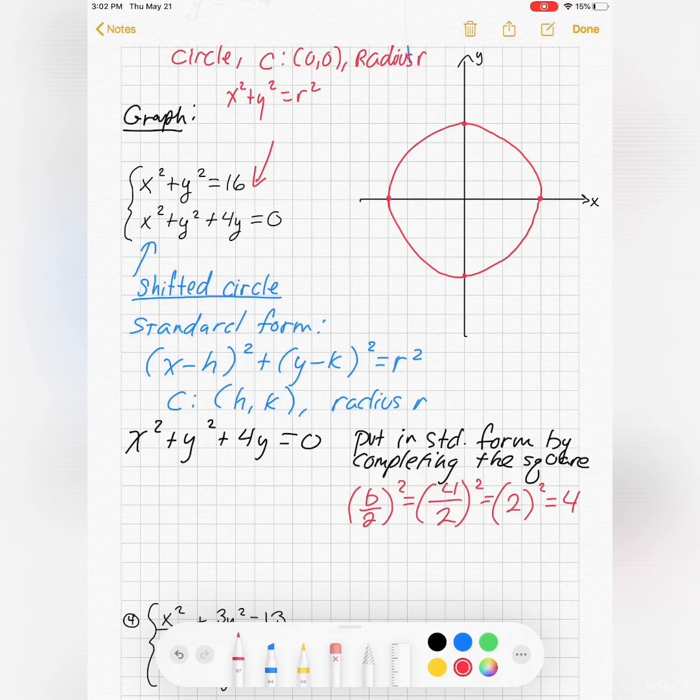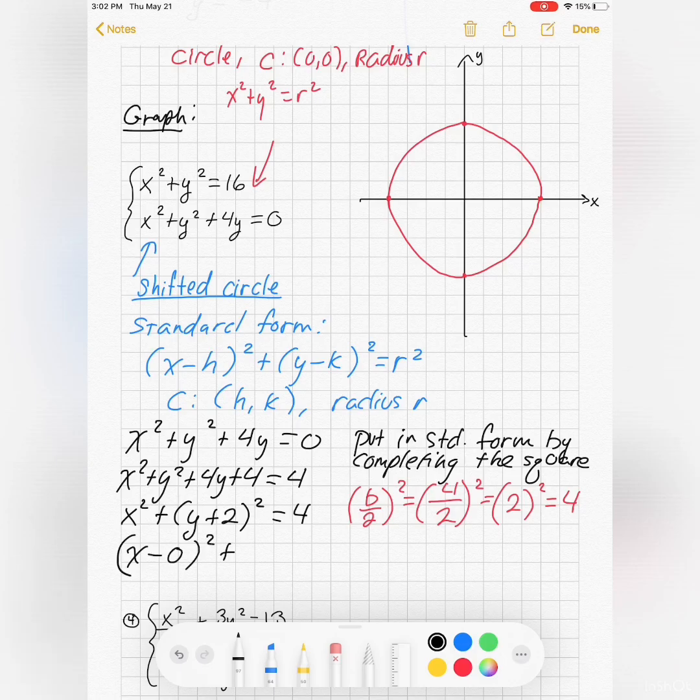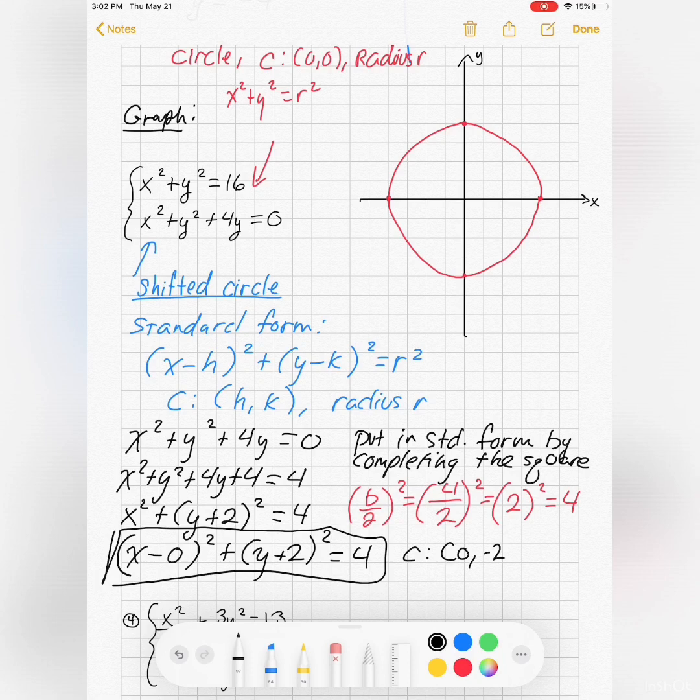And so I add that on both sides. Now I'll add that next to the y, since that's what I'm interested in. And then I just go ahead and factor, and then I'm done. So you see the x is done, because x squared is x minus 0 squared. So there's that circle written in standard form. So its center is (0, -2), and its radius is 2.